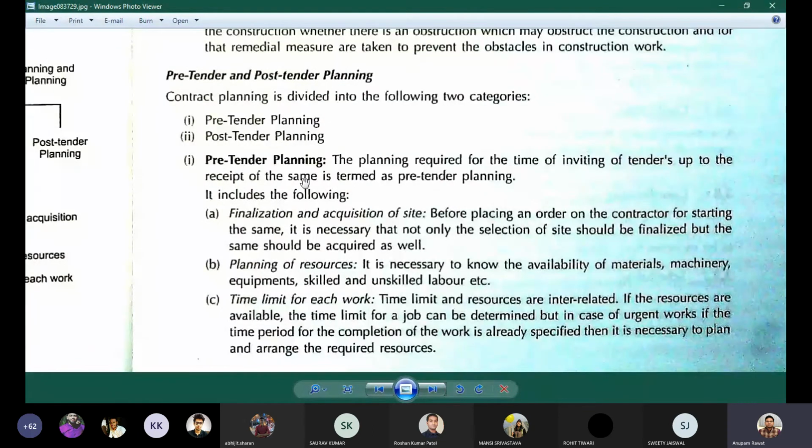The planning required for the time of inviting the tender up to the receipt of the same is termed as pre-tender planning. It includes the finalization and acquisition of a site, also planning of the resources and time limit for each of the work. So that is in the pre-tender planning.